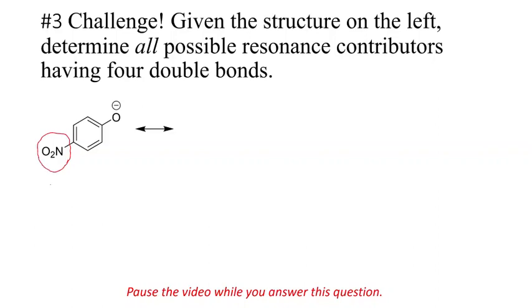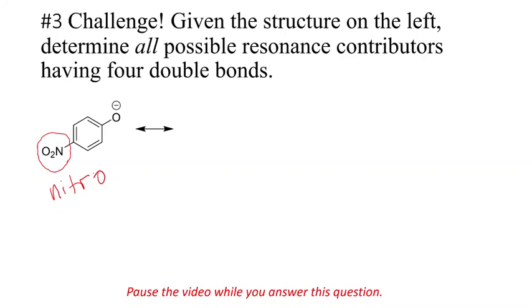This is called a nitro group, as in nitroglycerin and trinitrotoluene. And that nitro group has a structure, and you'll want to think about what that structure is. Now, I'm not sure I recommend doing this entire problem.